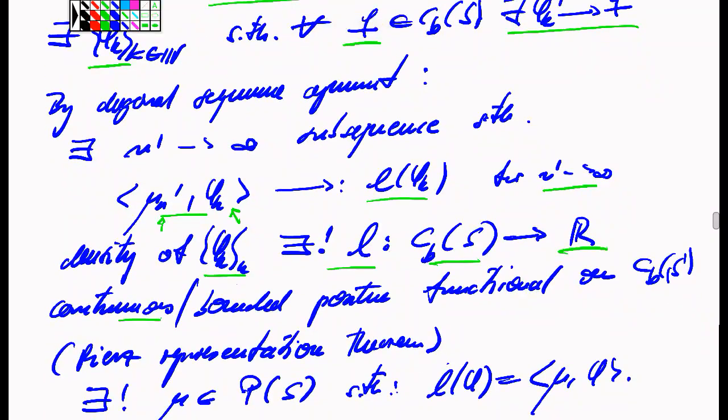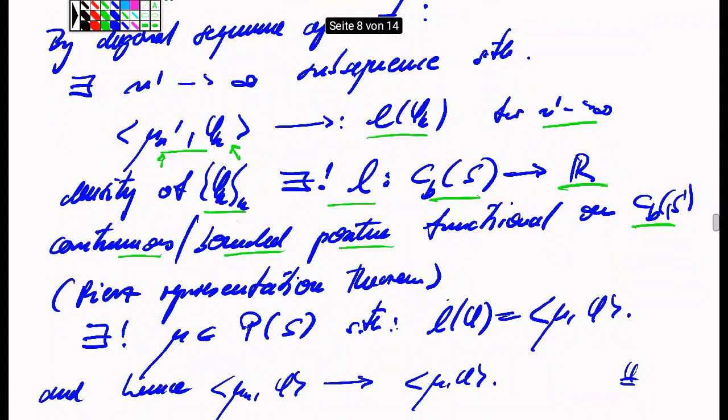So there's a unique continuous bounded positive functional which is just obtained by taking the continuous extension of this functional L using the density, the fact that this collection of phi k functions is dense in the collection of test functions.